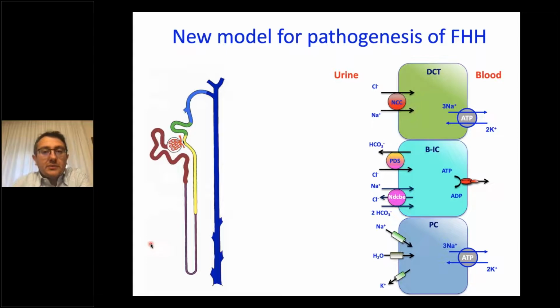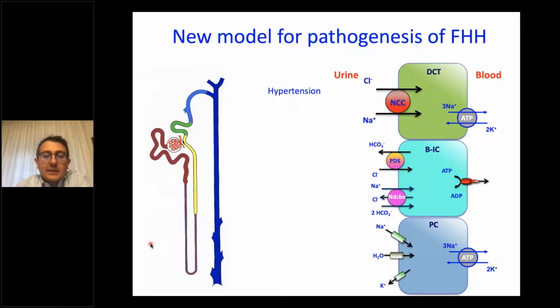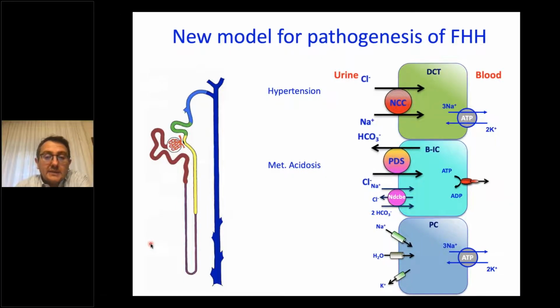So the new model of the pathogenesis of FHH that we proposed in this manuscript is that, in addition to NCC hyperactivation that sustains hypertension, mutation in WNK4 is able to stimulate pendrin function, and so to promote bicarbonate leak in the distal nephron.